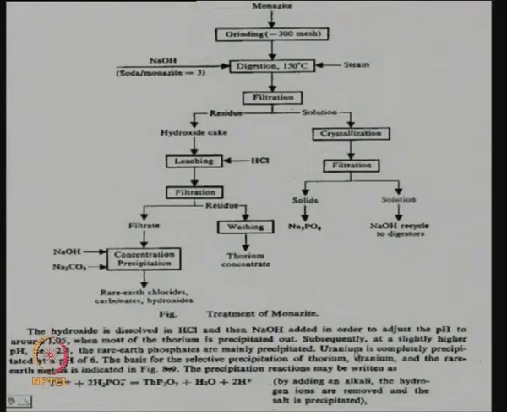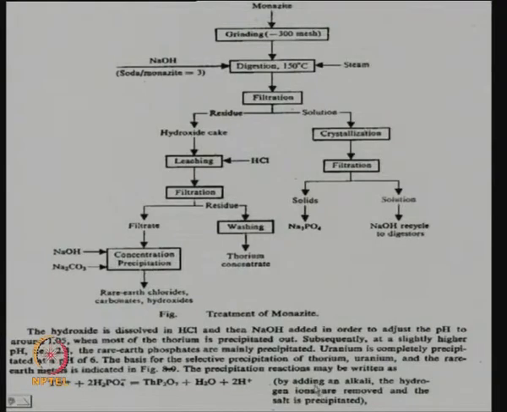Uranium, if there, is completely precipitated at pH of 6. The basis for the selective precipitation of thorium, uranium and rare earth metals is indicated in the figure, and essentially thorium ions react with phosphate to form thorium phosphate. Now, by adding an alkali, the hydrogen ions are removed and the salt is precipitated.